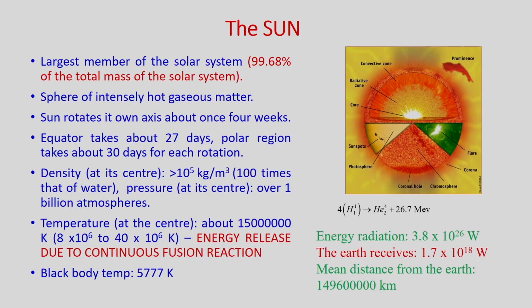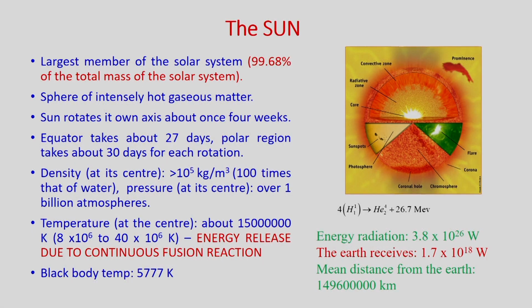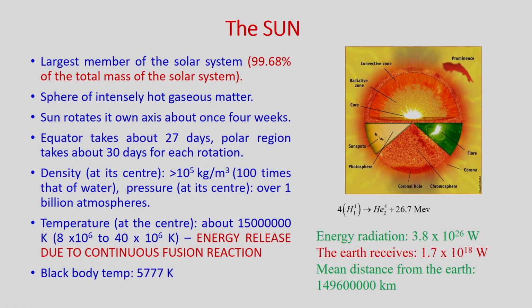It is a very high pressure, and the temperature at the center is estimated to be about 15 million Kelvin. So, it is a very high temperature, and this energy release is due to continuous fusion reaction.